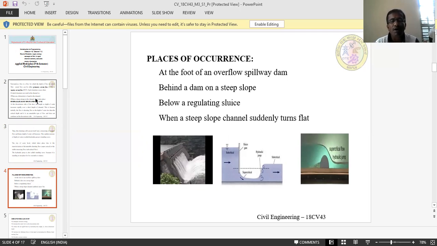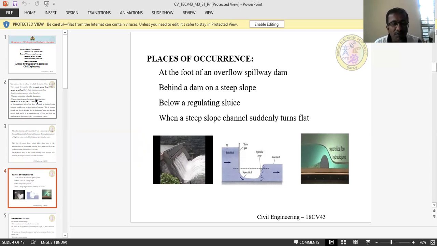So, places of occurrence: where exactly does the hydraulic jump occur? If you observe the figure, at the foot of the overflow spillway of a dam. Spillways are hydraulic structures usually constructed to allow the excess water to reach the downstream side from the dam. So when there is excess flood in the dam, they allow the water to reach the downstream side through the spillways.